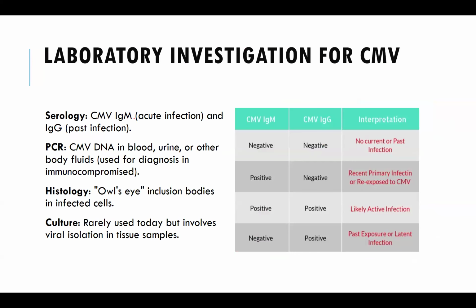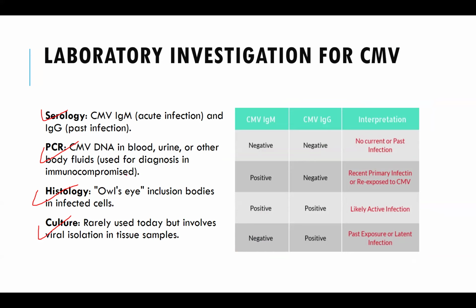So how do we investigate for CMV? Still, we do serology. Remember, this is just common for all the viruses. We do a PCR, then we can do histology, and then viral isolation, where you do cultures and you're able to isolate the virus in stem cells. So if you have to do serology, we usually do titers for IgG and IgM.